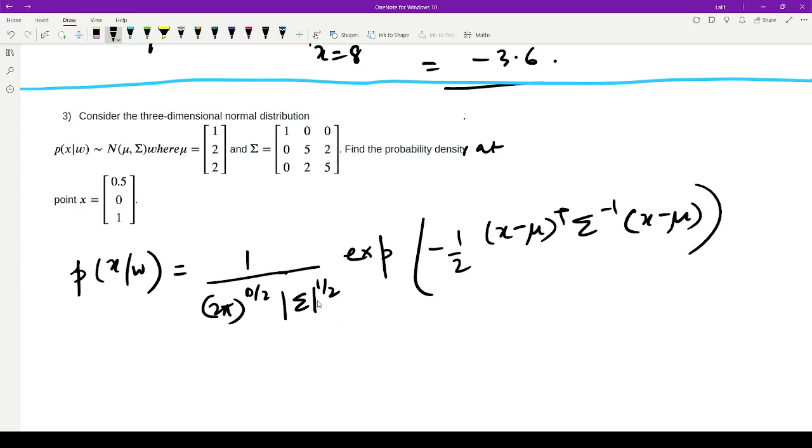Yeah, okay. So this is just a simple formula. And what we need to do is, for the case of d equals 3, since it's a three-dimensional normal distribution, we'll just replace the values.